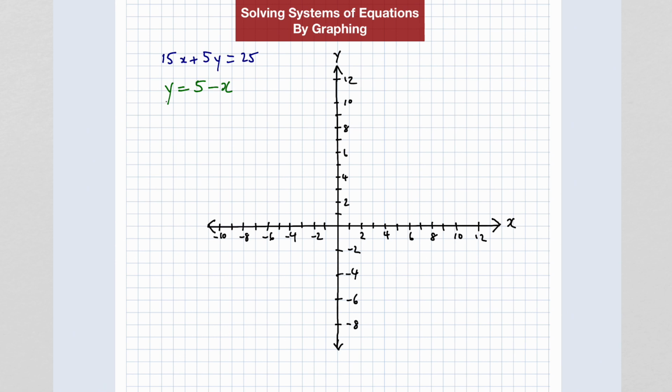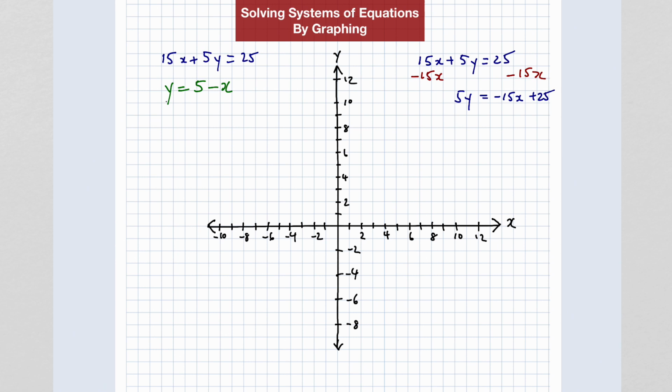I'm going to rewrite this as 15x plus 5y is equal to 25. What we're going to do first is move this 15x to this side of the equation, and we do that by subtracting 15x on both sides. And when we do, we get 5y is equal to negative 15x plus 25.